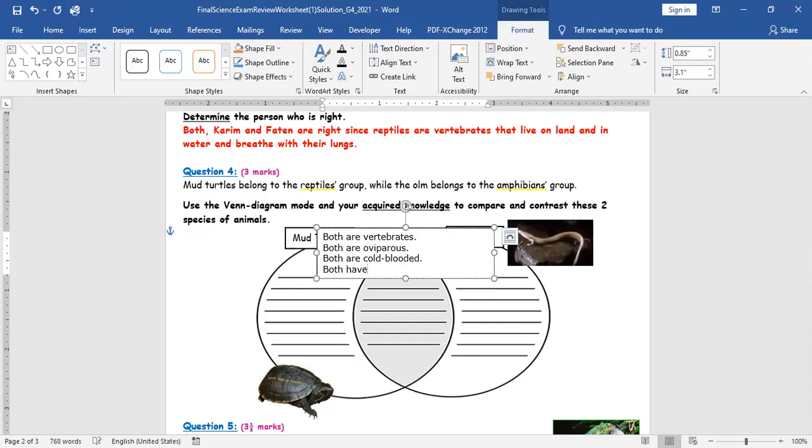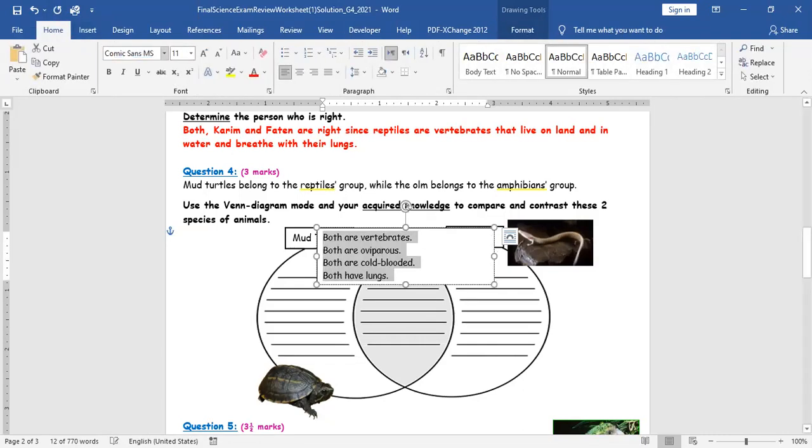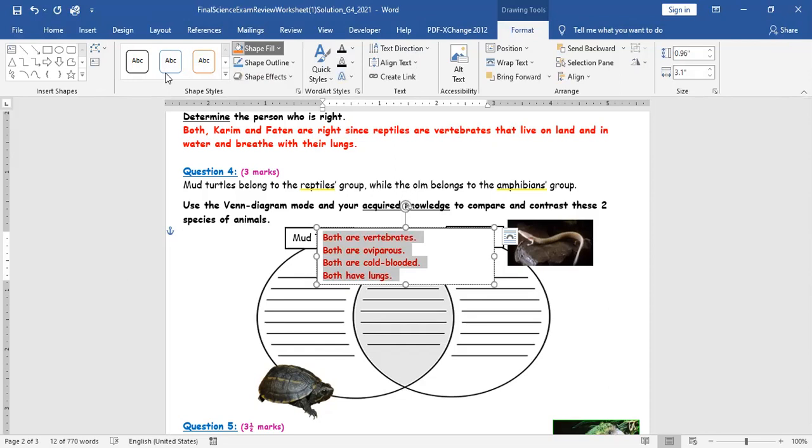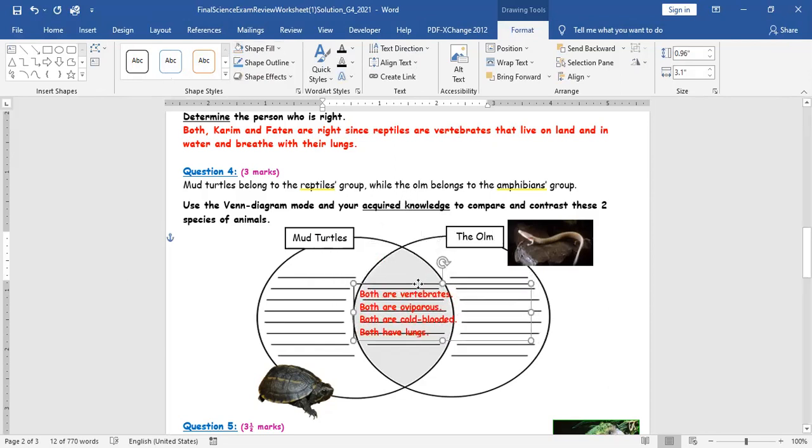Both have lungs to breathe. You can also tell that both are living things. Okay, so these are the similarities between these two animals.